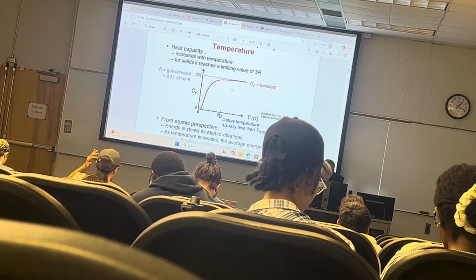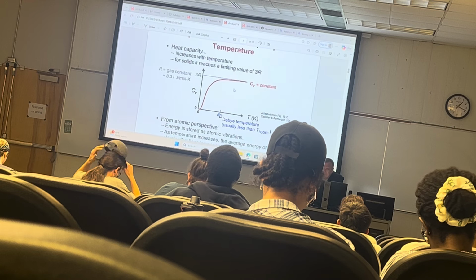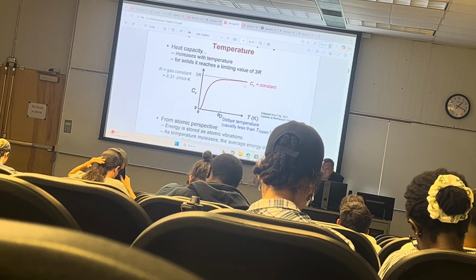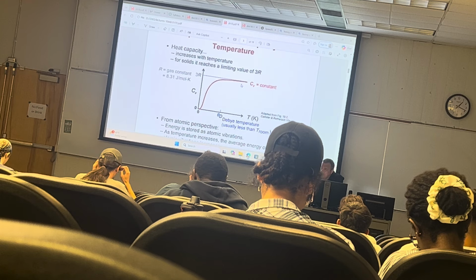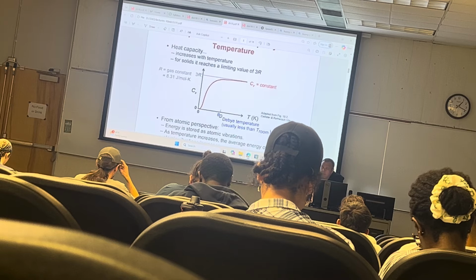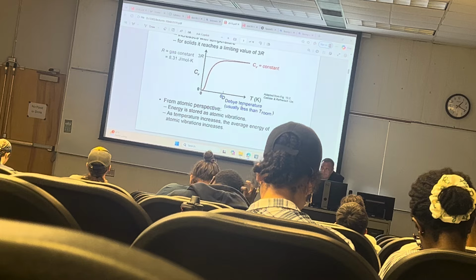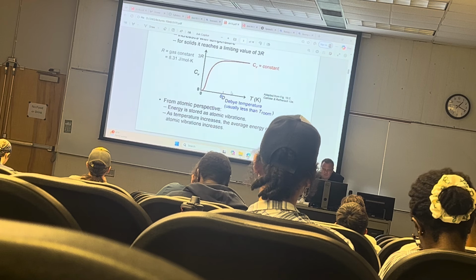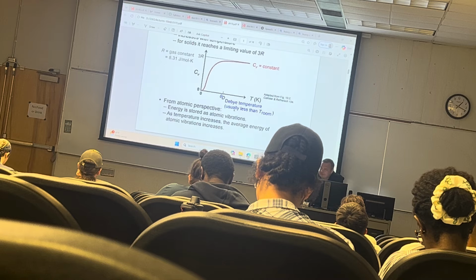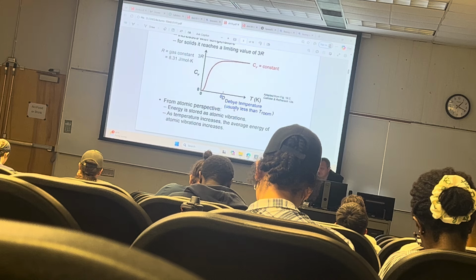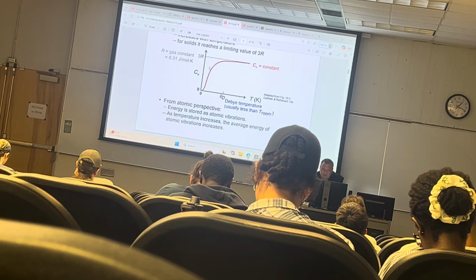So, what you need to remember is that the heat capacity for the volume at saturation is equal to 3R. And typically this Debye temperature of the transition is less than the room temperature. So this energy is stored as the vibration of the individual atoms. As we're increasing the temperature, the average energy of the atomic vibration increases.